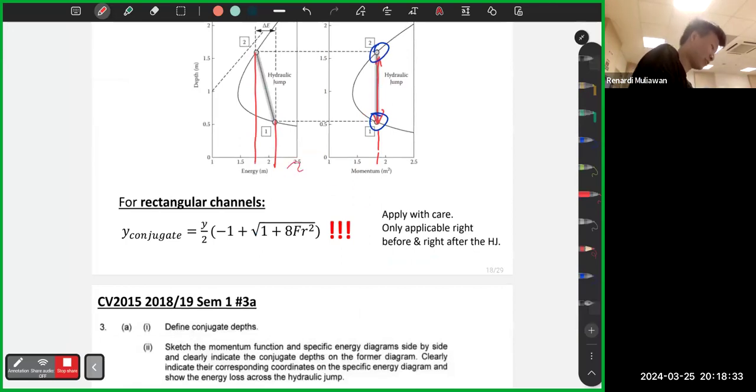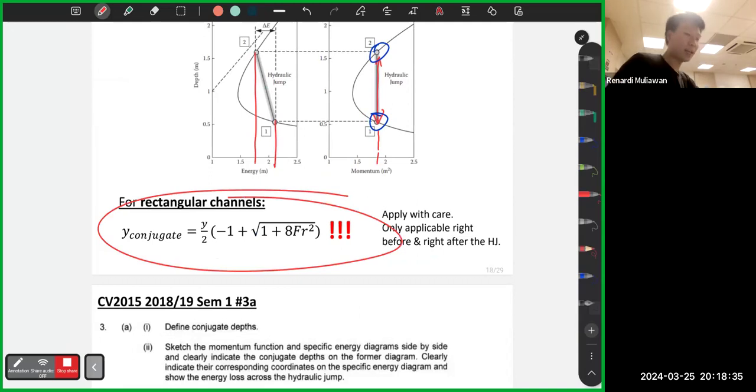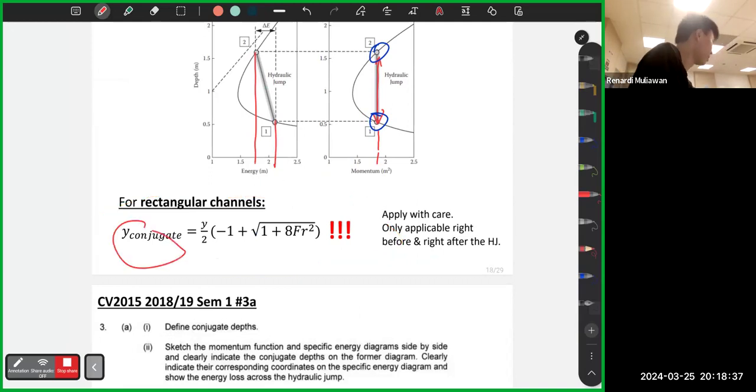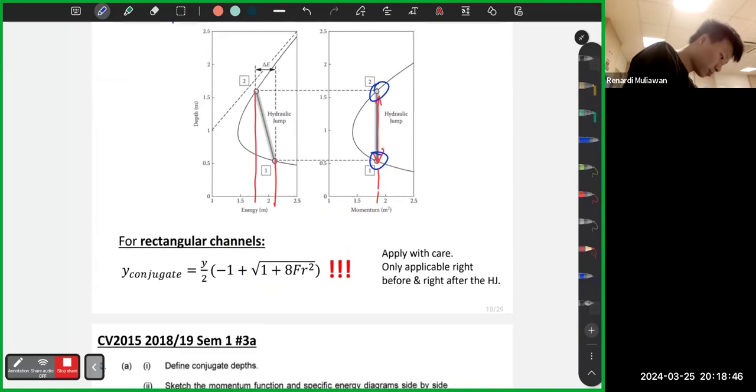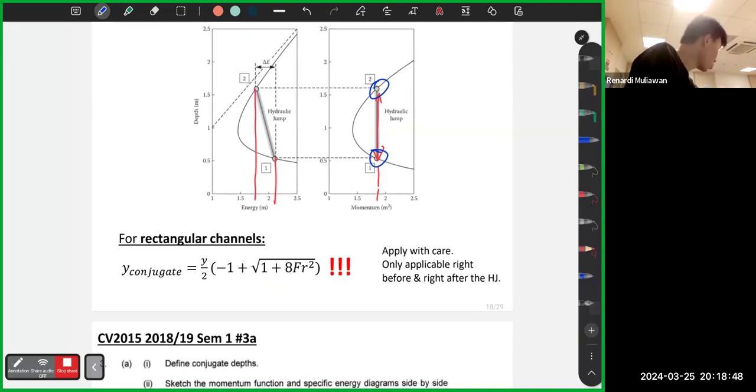The only equation which is important for hydraulic jump is actually this equation. It's the equation to find the conjugate depth. It's y/2 times -1, all this. Something to take note of: this equation works both ways.